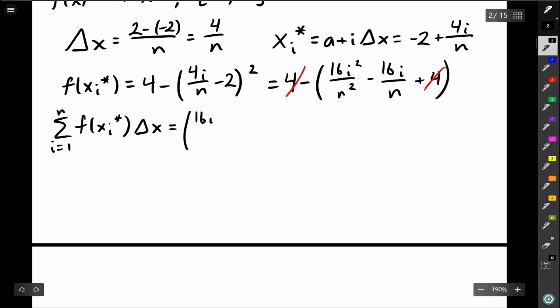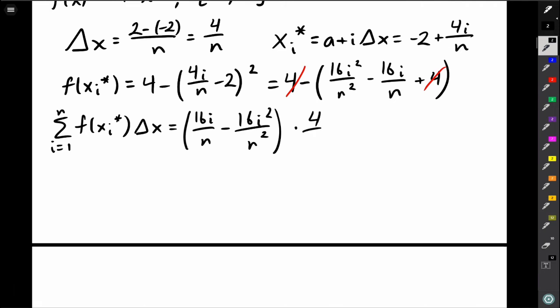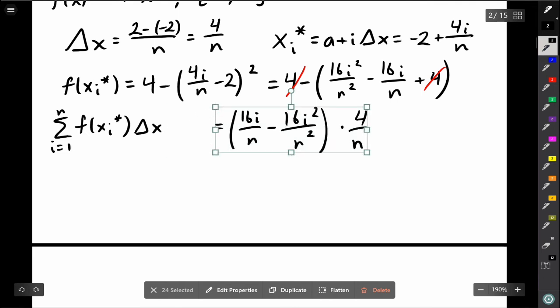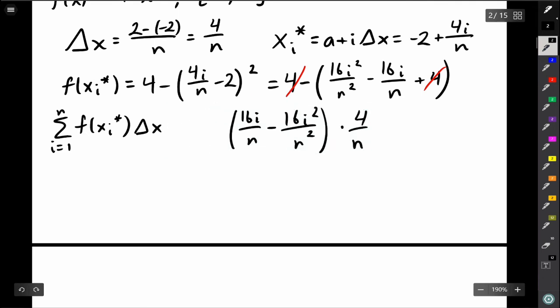So this becomes 16i over n minus 16i squared over n squared. Okay. And then this will be times delta x. Oops, I forgot the sum.